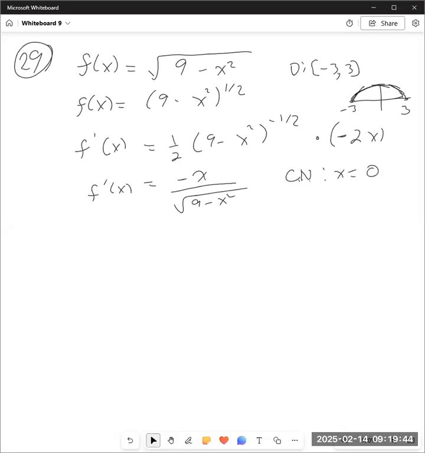I'm also kind of interested maybe a little bit in 3 and -3, but not really, because I'm not going to see concavity there because there's no behavior to the left of -3 and there's no behavior to the right of 3. So I can't really call those points of inflection or anything like that.